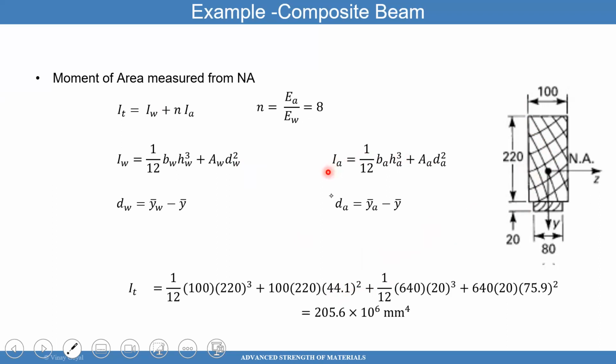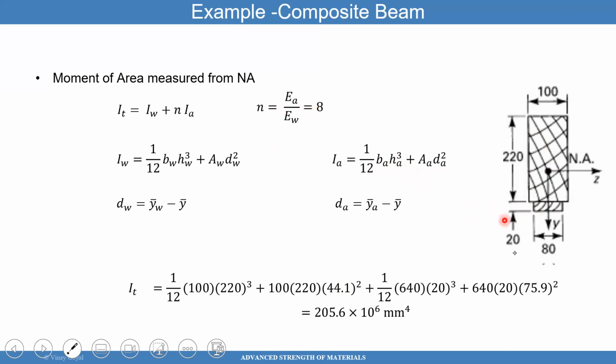I'll then repeat that for the aluminum piece. That's 1/12. The width is 80. The height is 20. And if you notice here, the formula has an n of 8.